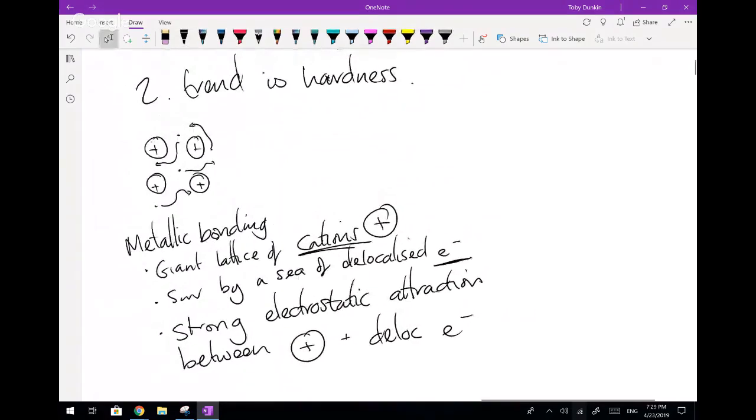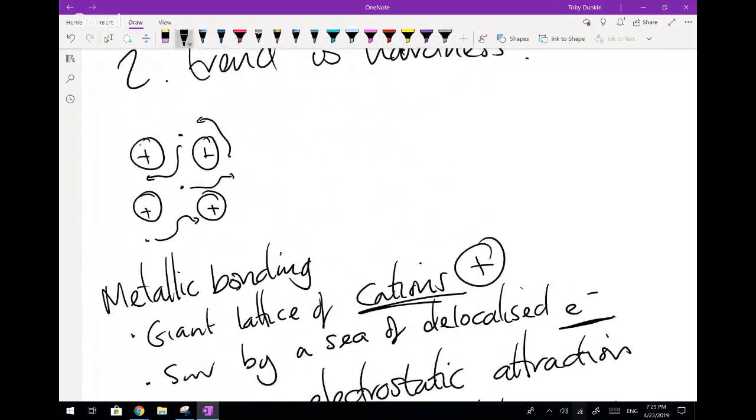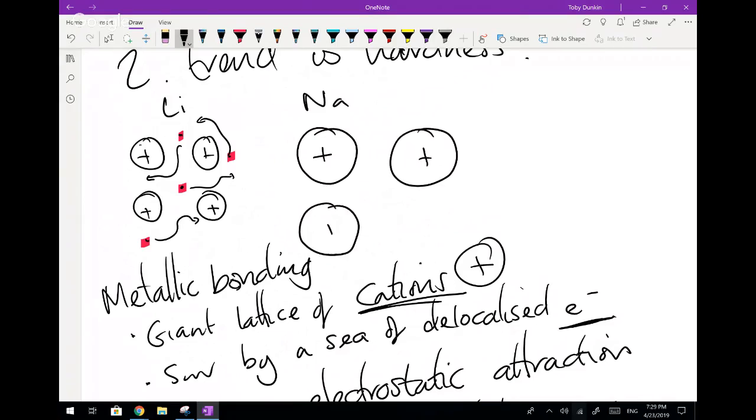Now, in terms of the trend in hardness, look what happens in terms of the change in the diagram. So I have got 4 electrons and 4 cations, and this is lithium. Let's now look at what the diagram looks like for sodium. The cations are larger. They are still +1. However, we have the same 4 electrons in the sea.